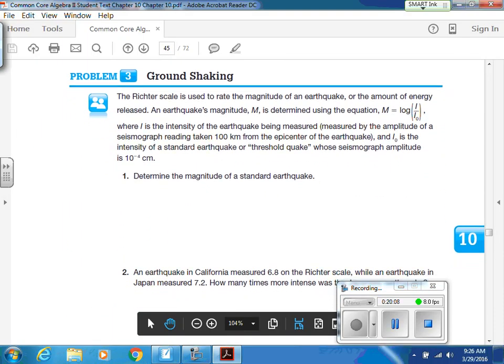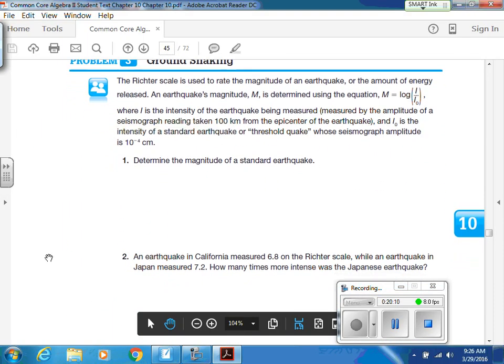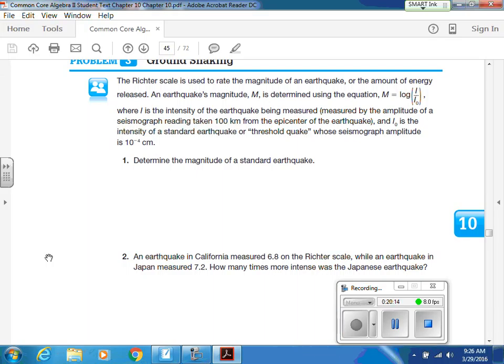So let's talk about this Richter scale again. I don't know what page this is. Yes, I do. 781. Alright, so the Richter scale is used to rate the magnitude of an earthquake, or basically the amount of energy that's released.